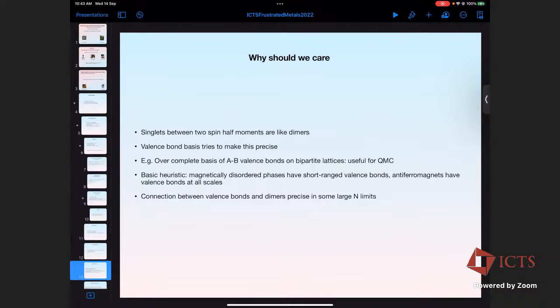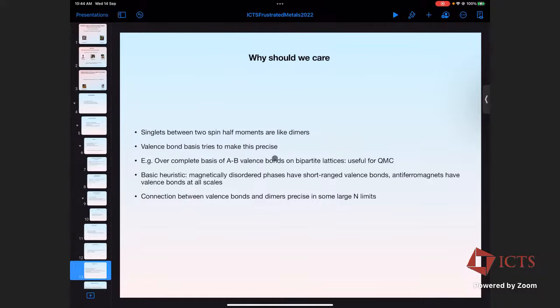And then you can construct a basis, which is very overcomplete actually, of valence bonds where each A site is matched to some B site, right? If you can have a perfect matching. You can do this with nearest neighbors. Otherwise, you drop the nearest neighbor restriction and you just say you have this overcomplete basis of any A matching any B. Incidentally, it's now been proved that, well, okay, let me not go there.